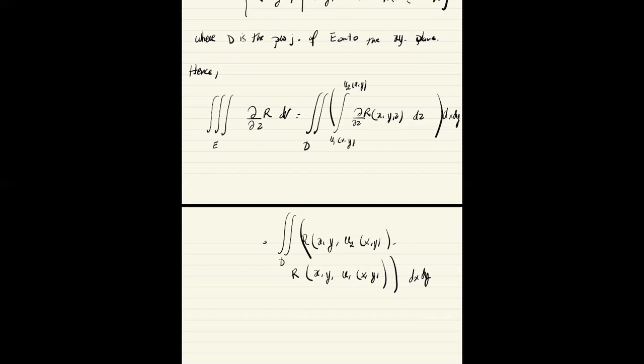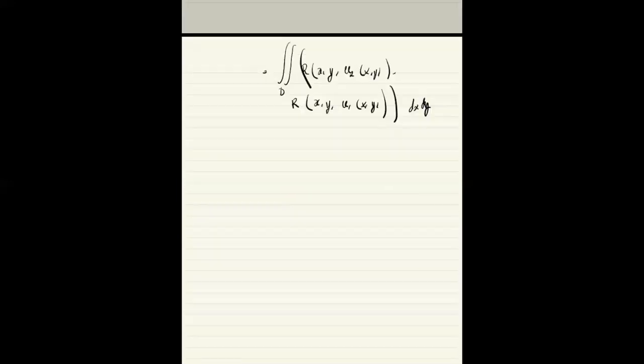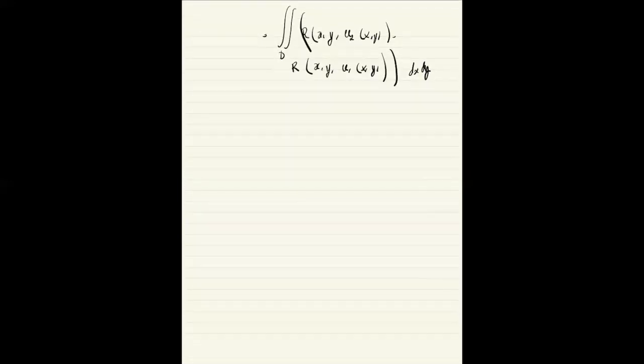Now let me draw some kind of graph here. What are our assumptions? We are in 3D, with axes X, Y, Z, and we have some kind of surface.